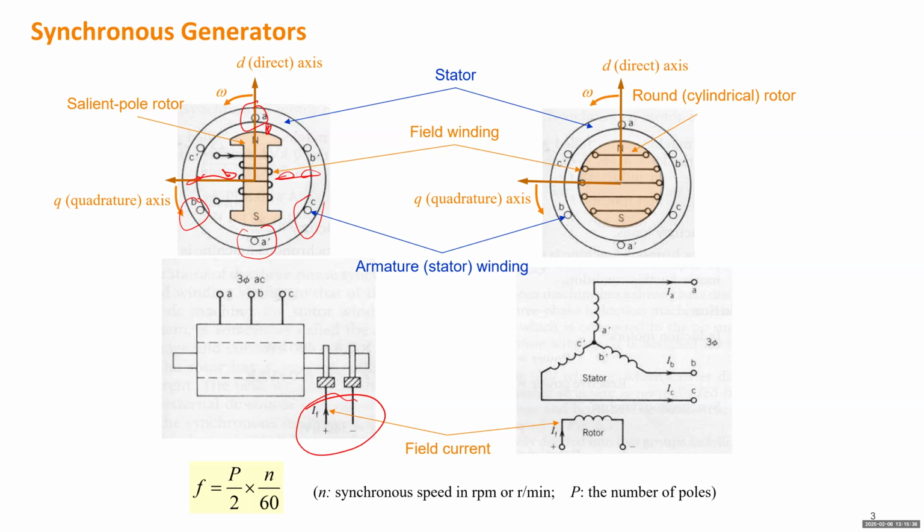But if you have 4 poles and still want the generator to generate electricity at 60 hertz, N can be only half of 3,600. If you further increase the number of poles, the speed can be even lower. So the more poles, the lower the speed the generator can operate at in order to generate 60 hertz electricity.